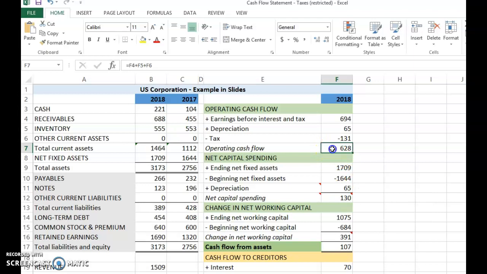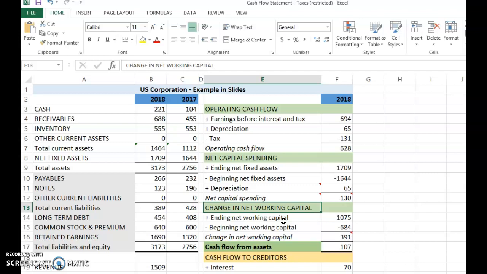What does operating cash flow tell you? 628 means the company generated $628 in operating cash flow for that year. The third and final component of the cash flow from assets is change in net working capital. Remember the formula for that?